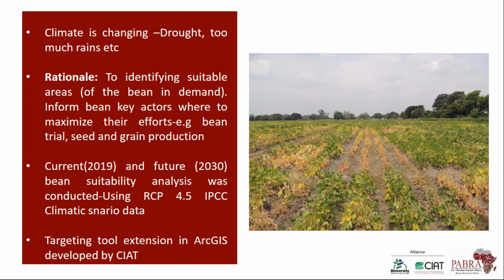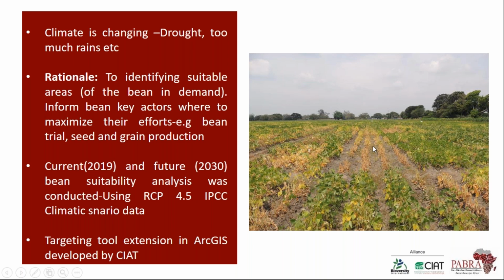So why did we decide to do the suitability mapping? As has already been presented by the previous presenters, the climate is changing, especially these days. Sometimes it's too dry, or the rains are too much, like last year.